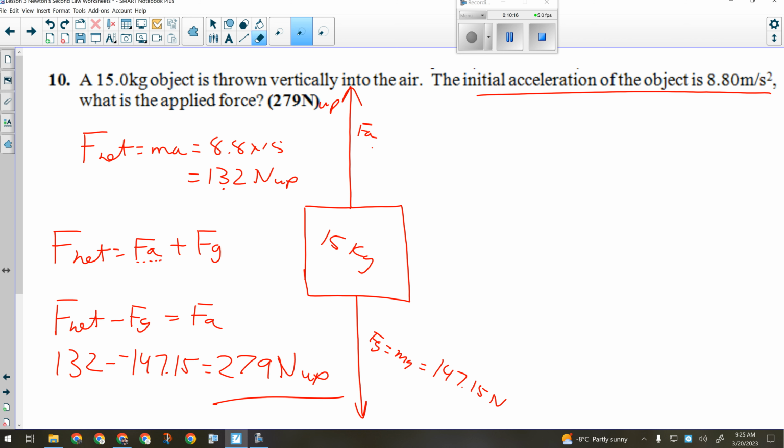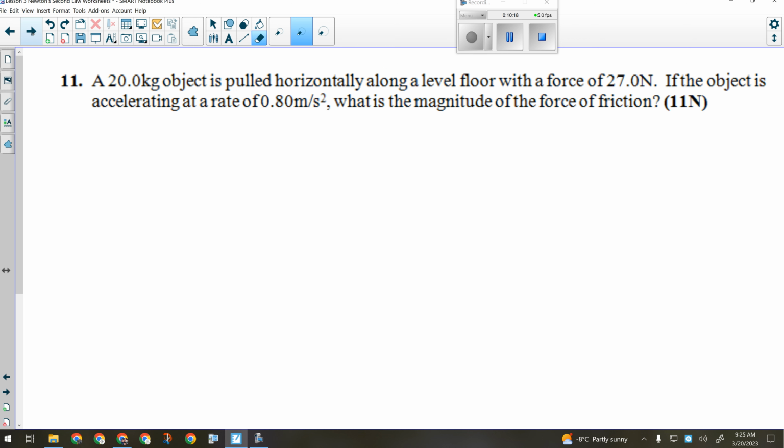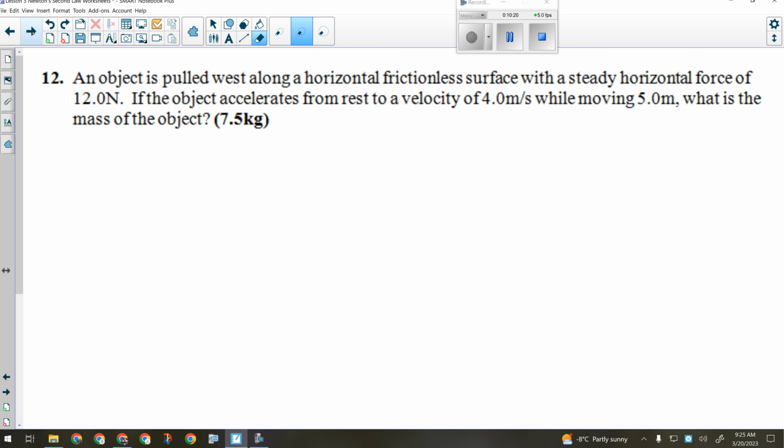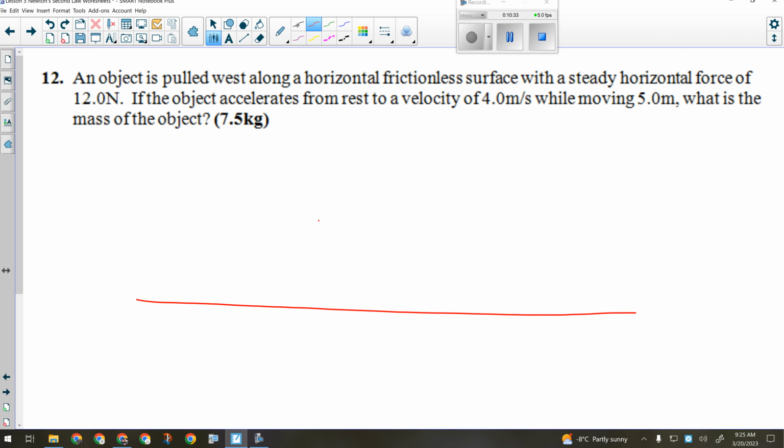You do 12. All right, so on this one here, an object is pulled west along a horizontal frictionless surface. So here's my horizontal frictionless surface, and then here's my object. We're looking for the mass of the object.